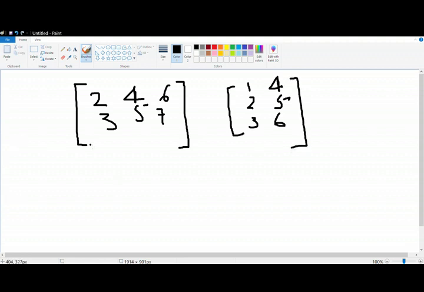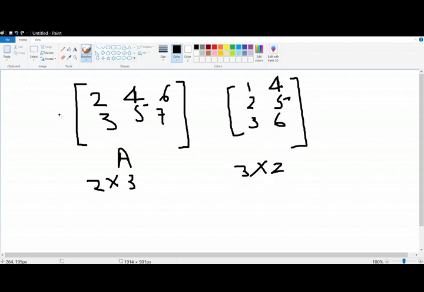The order of matrix 1 is 3 into 2, because we have 3 rows and 2 columns.